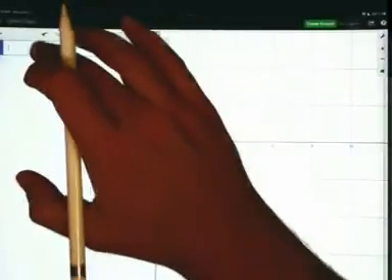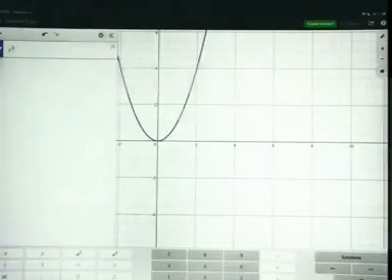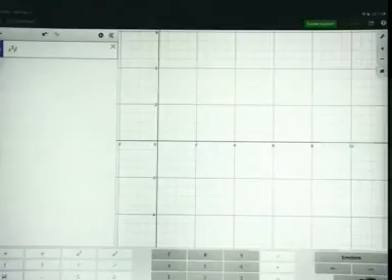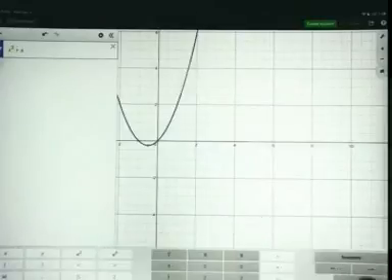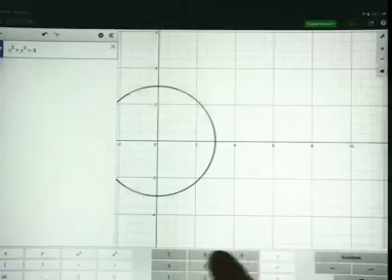So over in Desmos, let's start off with the circle. X squared plus y squared equals 9.